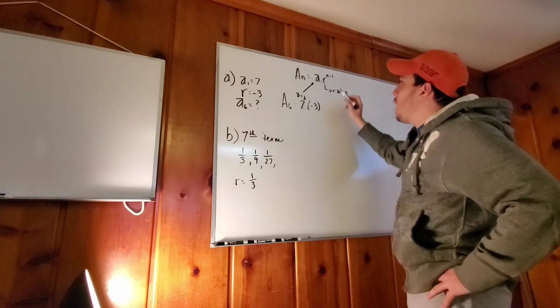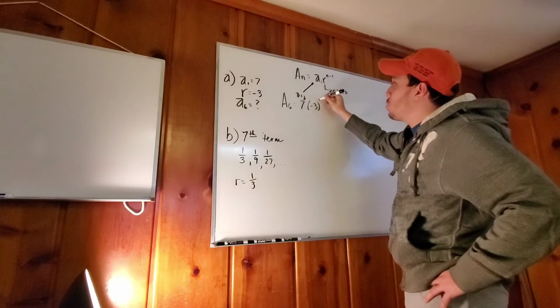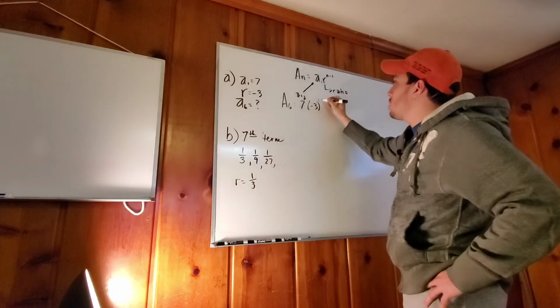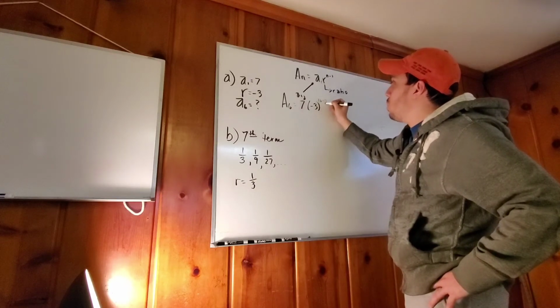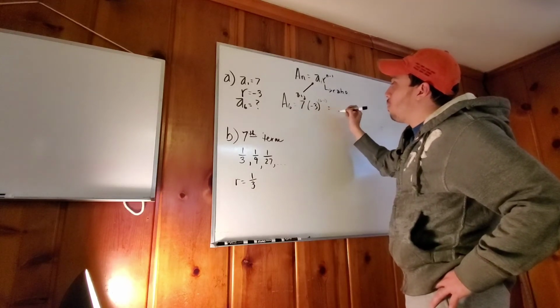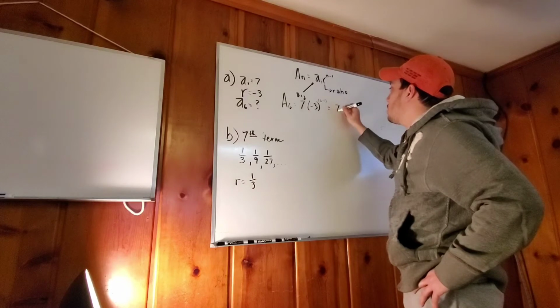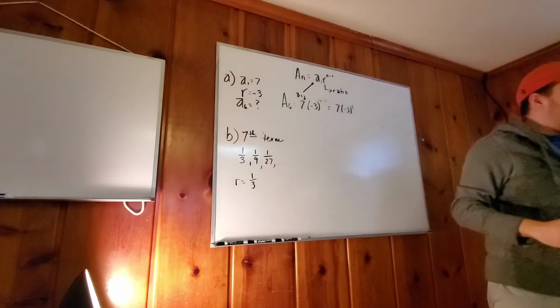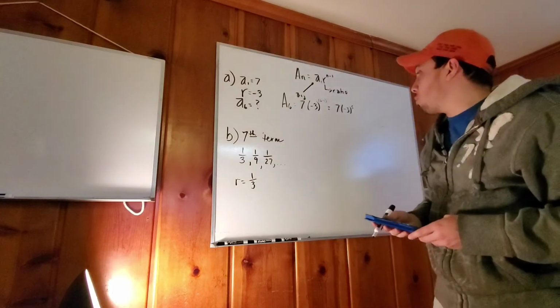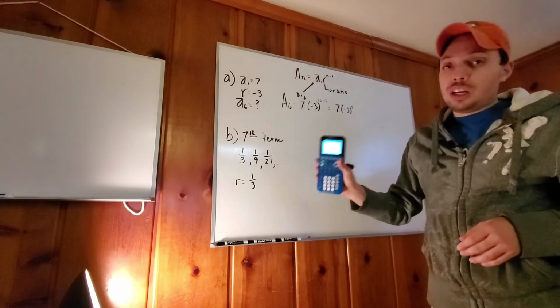And then what we have is n minus 1. So n is going to be 6, because it also says it here, 6 minus 1, which is 5. So my formula then is going to become 7 times negative 3 to the 5th power, and that's why you need your calculator.